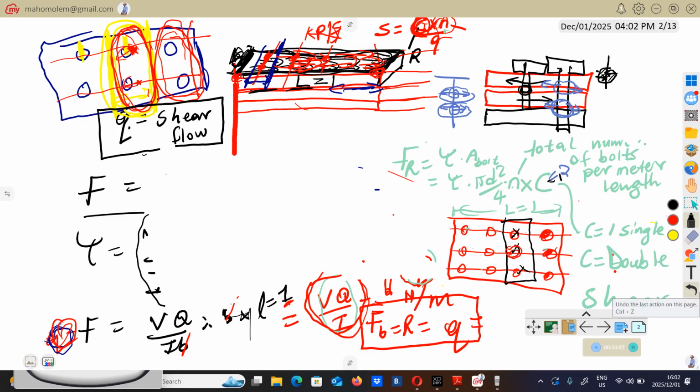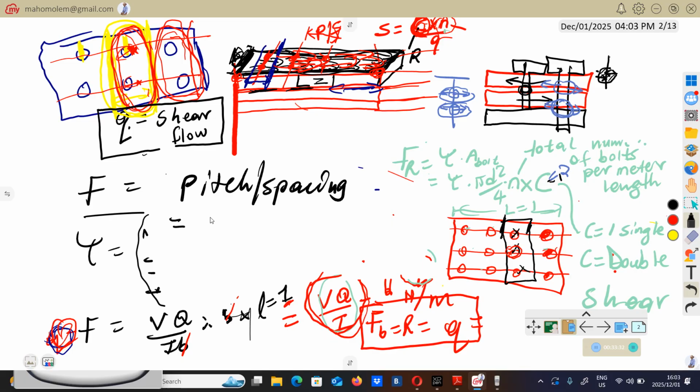So another formula that we can use to calculate pitch. Remember, pitch is this from here or here. You can call it pitch or spacing. So another formula that we can use to calculate pitch or spacing will be this.